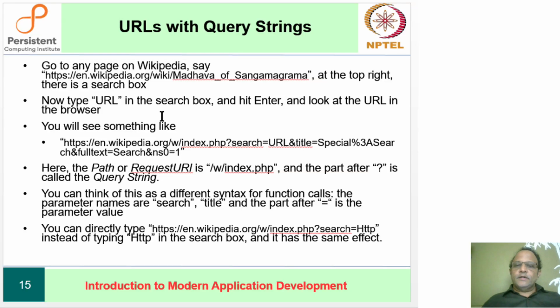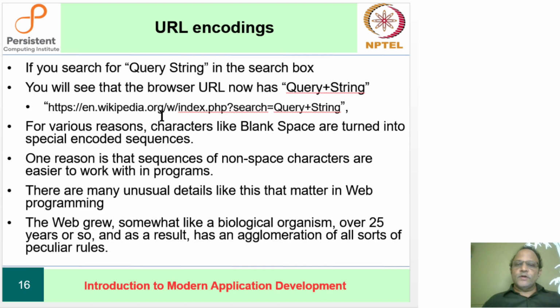We see further interesting behaviors once you start becoming aware of how the URLs are changing. For instance, if you search for the phrase query space string in the search box, you will see that the browser URL turns into query plus string. For example, in the Wikipedia case, we have search equals query plus string followed by the other search parameters.